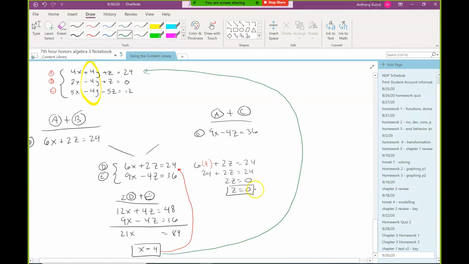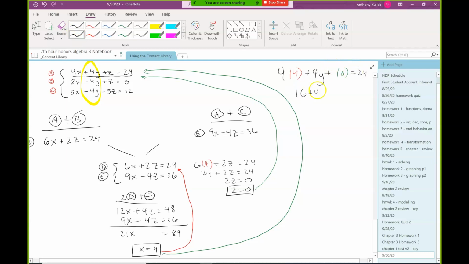I'm going to choose to plug them into A. So I have 4 times x, maybe we'll write that in x in red, plus 4y plus z, I'll write that one in green since I used the green arrow there, is equal to 24.